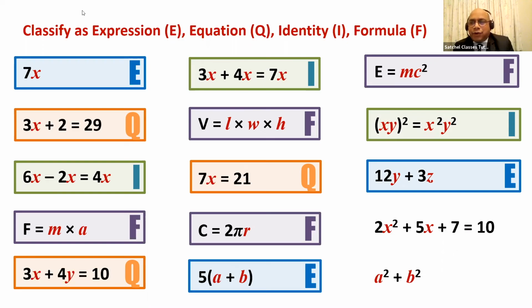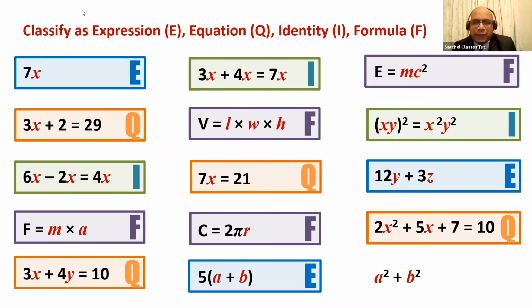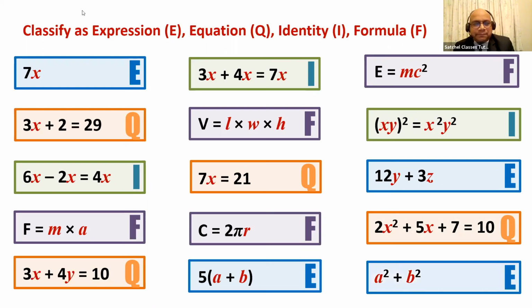So it's an equation, right? Q. And finally, a squared plus b squared. Now that's easy, right? No equal to sign means it's an expression. So E. Well, I hope you got all of them correct, or most of them at least, right? This was easy, right, to classify each one of them into each of the four quantities.